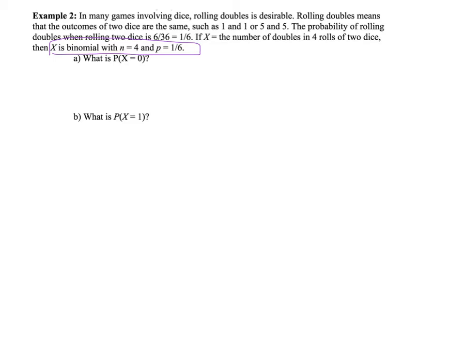The first question I asked is, what is the probability that X is 0? What I mean by this is, what is the probability of getting no doubles? In that one, they told us we're looking at 4 rolls of the dice, so we want to know the probability of getting no doubles in 4 rolls. There are actually a few ways to do this. In a minute or two, I'm going to give you a formula, but before that, we'll do this one by hand, and we'll also do B by hand.